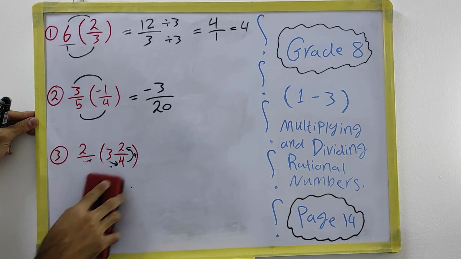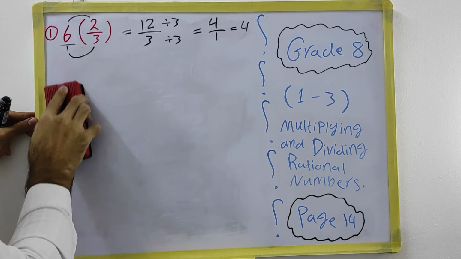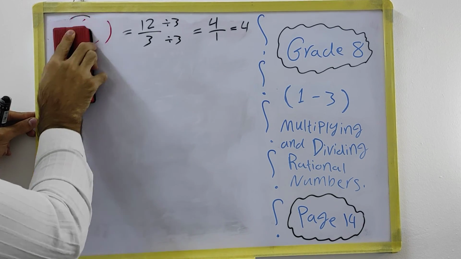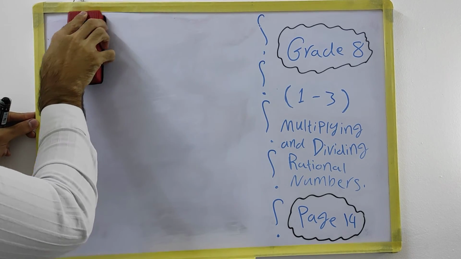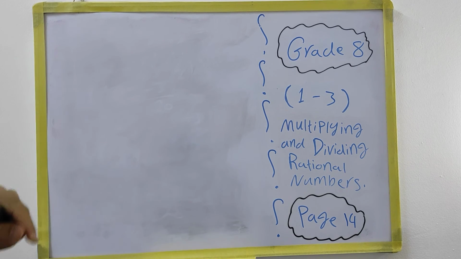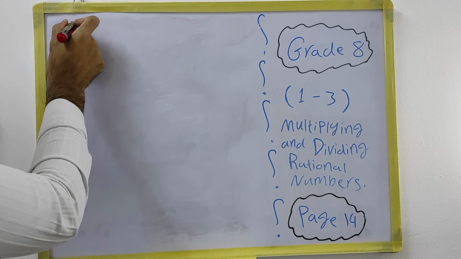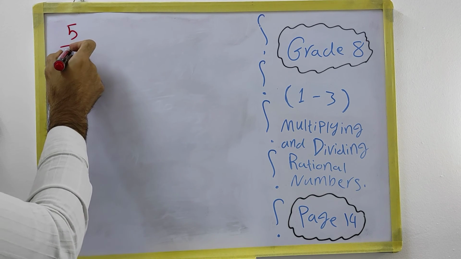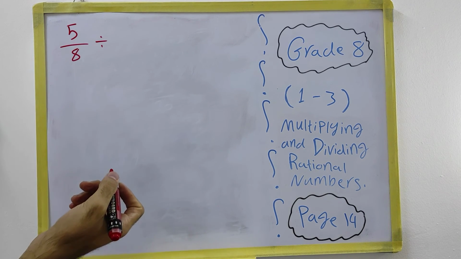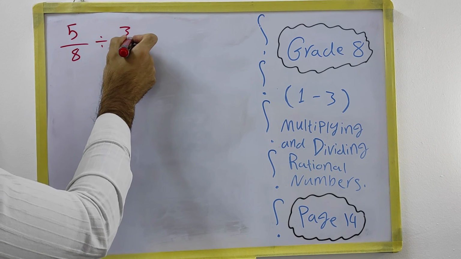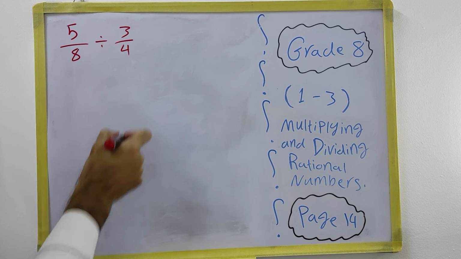Let's write an example for division. Let's say 5 over 8 divided by 3 over 4.